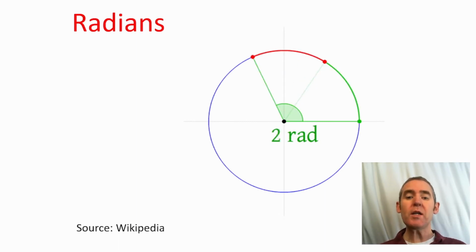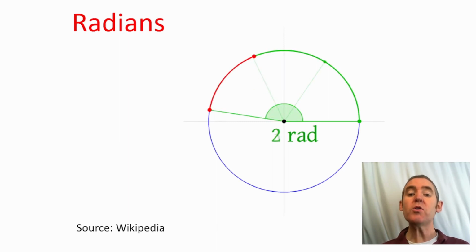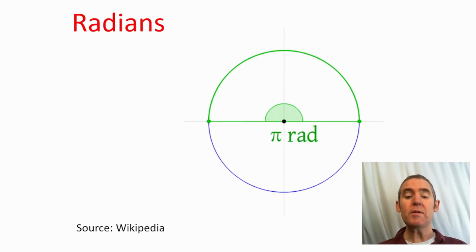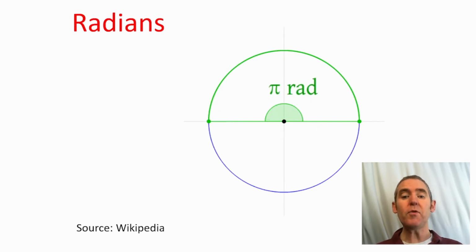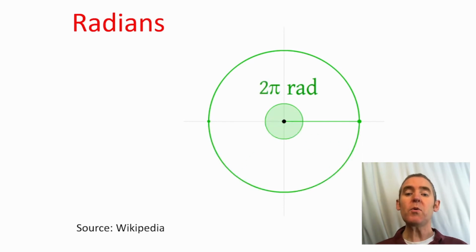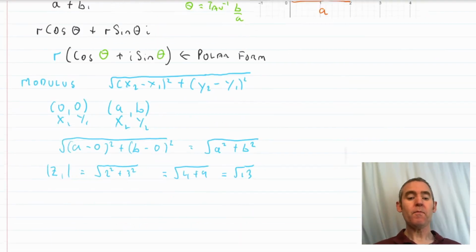If you move that along, you can see that in 180 degrees there are pi radians. So that's 3.14 radians. In a full circle, that would be double that, so that would be 6.28 radians. So just a quick recap on radians.